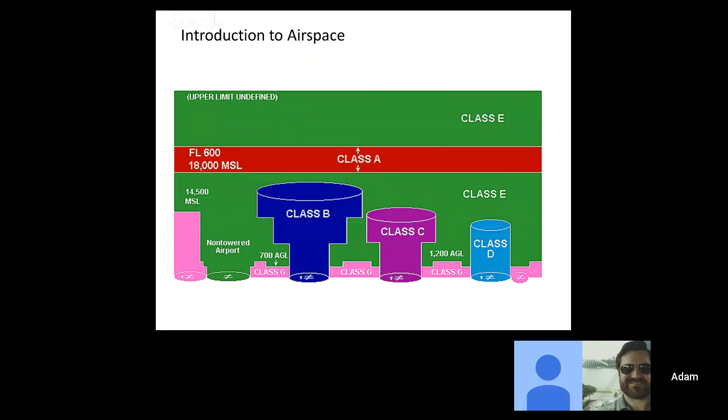There are airspace discussions for areas away from airports, but probably the very important airspace discussion is airport airspace. We're going to start from the highest altitude and the most controlled airspaces, and then we'll boil it down to the least controlled airspaces.